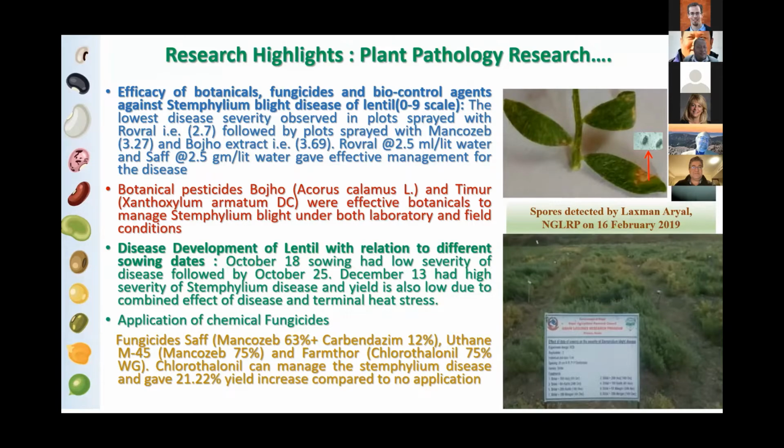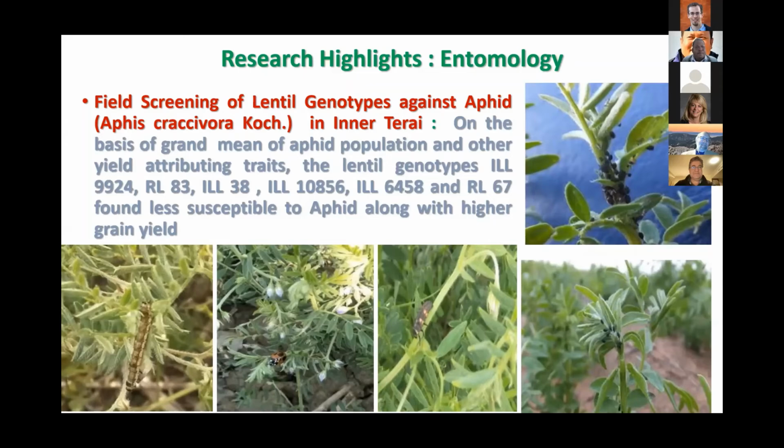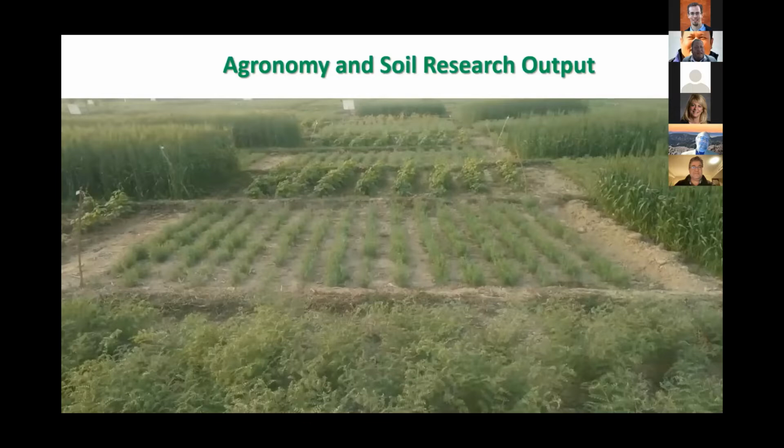We have technology, and we can change the planting time, and I also recommend chemical fungicide for control of this stem disease. Next. And in entomology, we also found some aphid tolerant lines from the research. Next. That's agronomy and soil research, out for this.